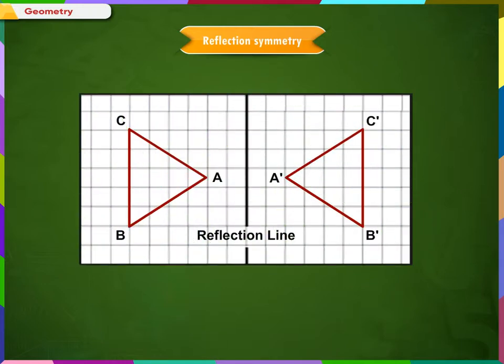Reflection symmetry can be explained clearly with graphical representation also. Observe the graph sheet shown on screen. If ABC is a triangle, then A', B', C' is the reflected triangle. The line of reflection acts like a mirror.